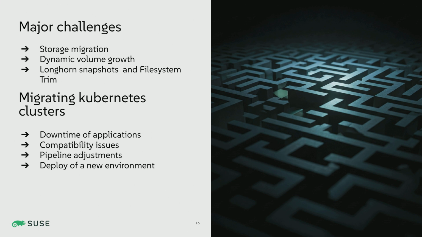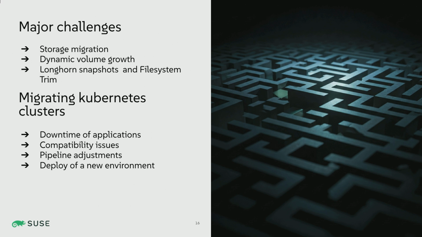Another problem that we had with the older version of Longhorn was also the dynamic volume growth. Some applications were writing a lot of data, 1 terabyte, 3 terabytes, 200 terabytes, and sometimes that process goes along, moves forward, and we delete it. And that volume is not reclaimed, so we end up having many manual actions to grow that volume and treat that volume, and that was not automatic.